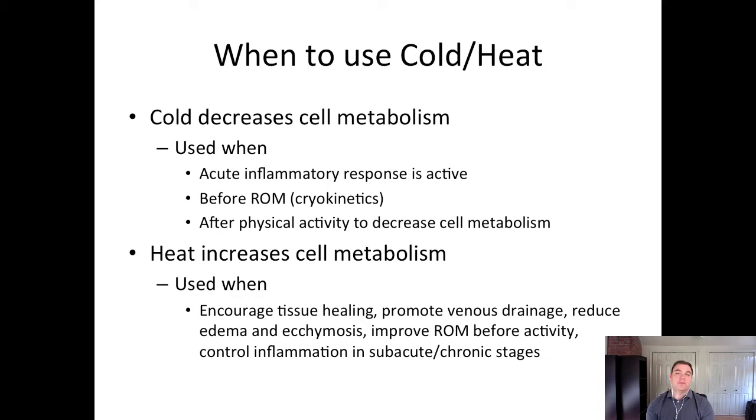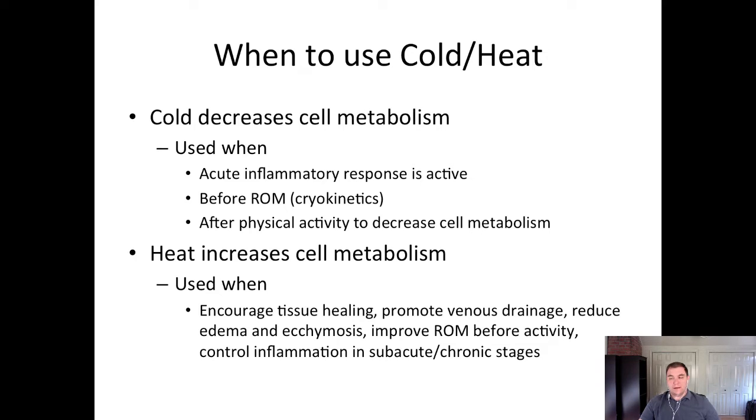Cold. So when do you use cold or heat? Cold decreases cell metabolism. We want to use cold when acute inflammatory response is active, before range of motion. So something called cryokinetics. ROM is range of motion, and we have something called cryokinetics. So I can numb your ankle or foot or whatever body part, and then go do some range of motion after it's numb.